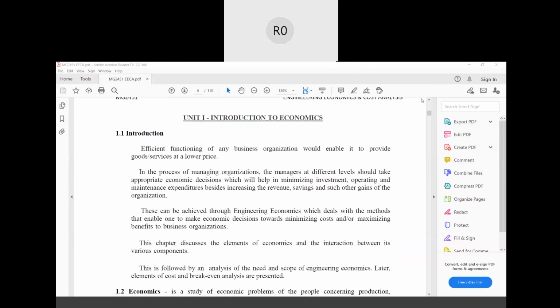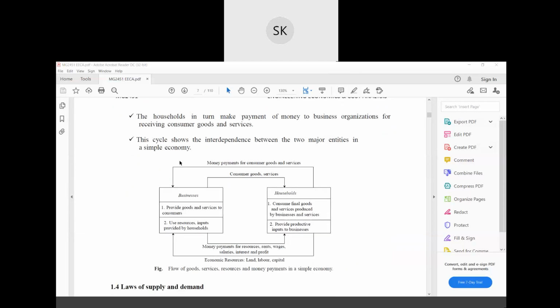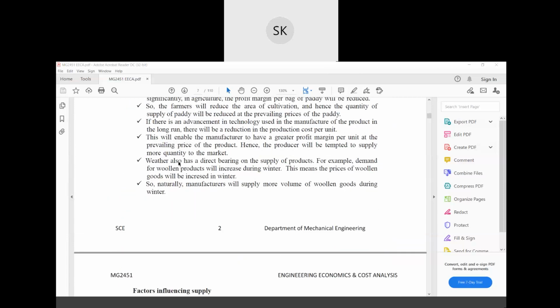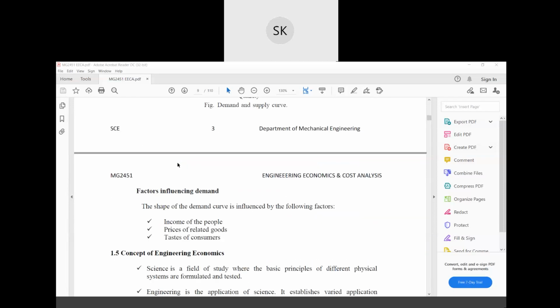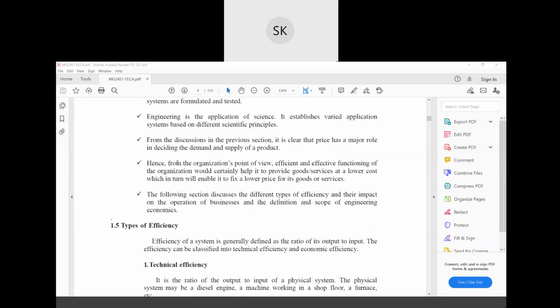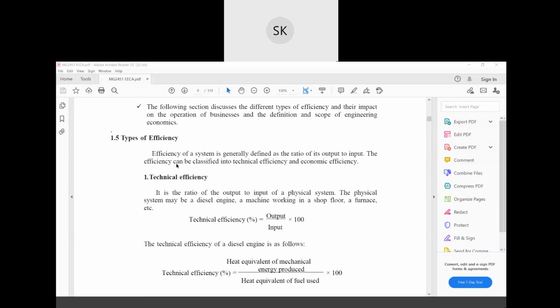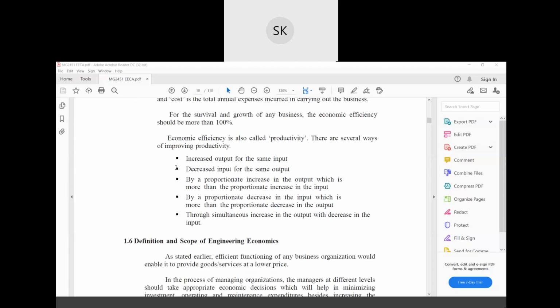So, in earlier classes, we discussed the introduction of engineering economics, flow in economy. Then we studied this chart, the concept of engineering economics, types of efficiency, which were technical efficiency and economic efficiency, right?